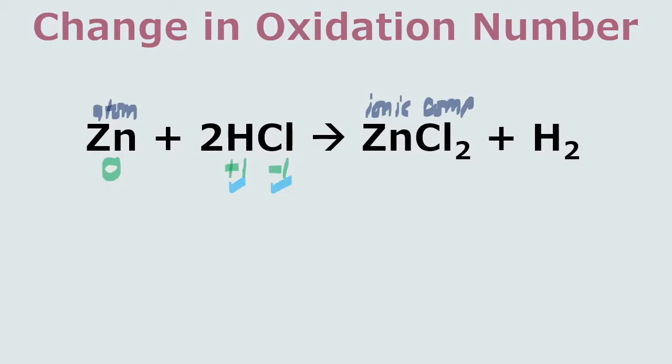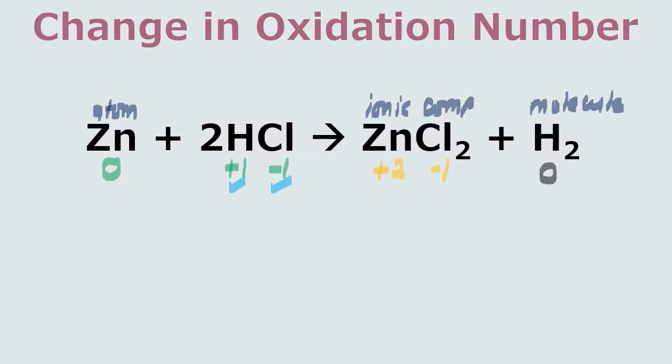So the oxidation number of zinc is +2, while chloride is still -1. For the molecule that consists of the same elements, the oxidation number is 0.